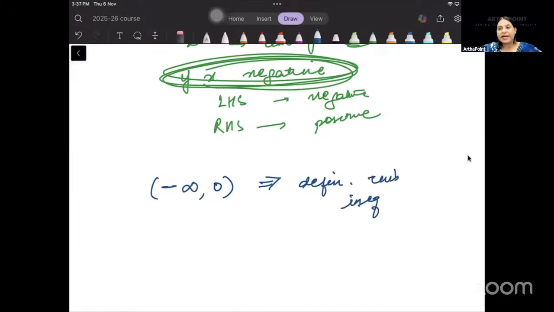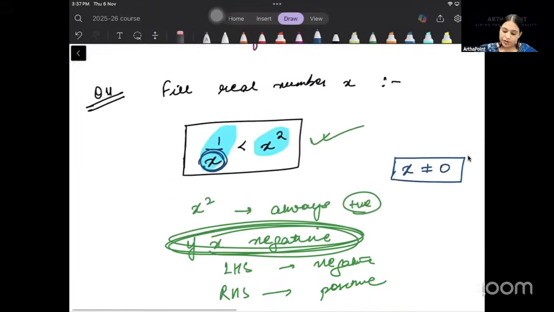If this is an MCQ question, then we know for sure that wherever minus infinity to 0 appears, that will definitely be our pointer, which we will keep in mind.